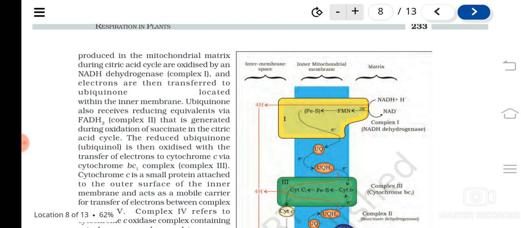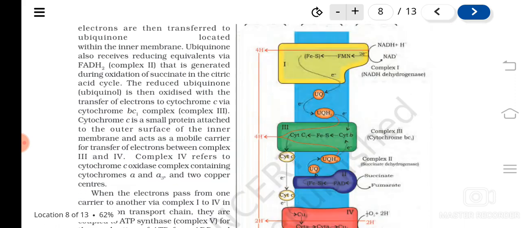So like this, the reduced ubiquinone will give its electron to cytochrome C via cytochrome bc1 complex. So complex 3 contains what? Cytochrome bc1 complex. So ubiquinone gives its electron to complex 3.